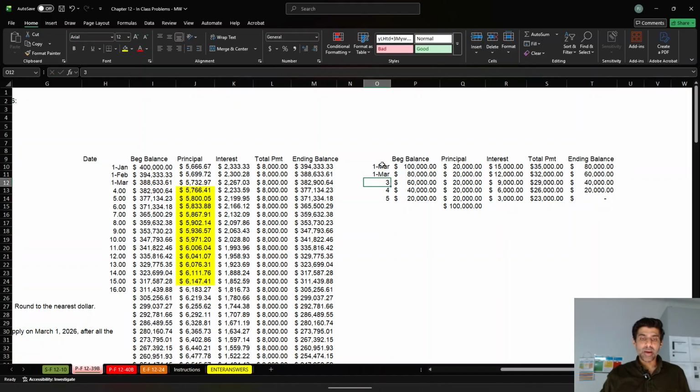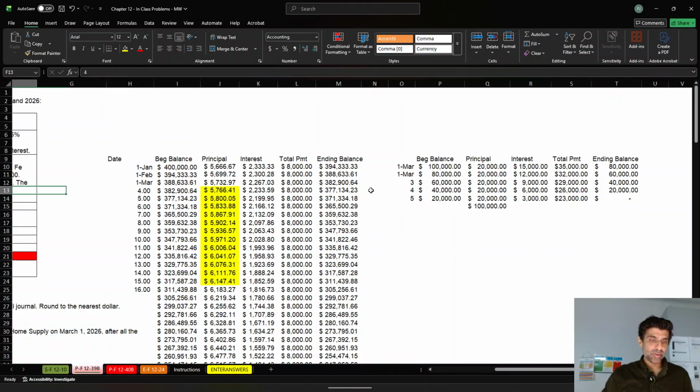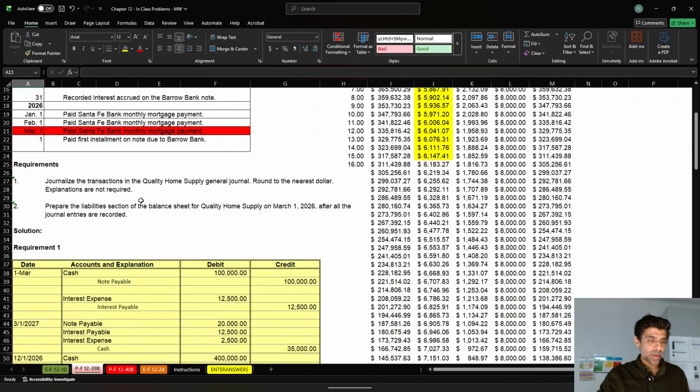So how much of this 80,000 is due within 1 year? 20,000, exactly. And then how much is due more than a year? 60,000.